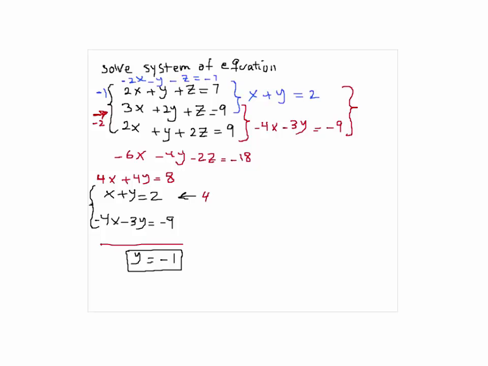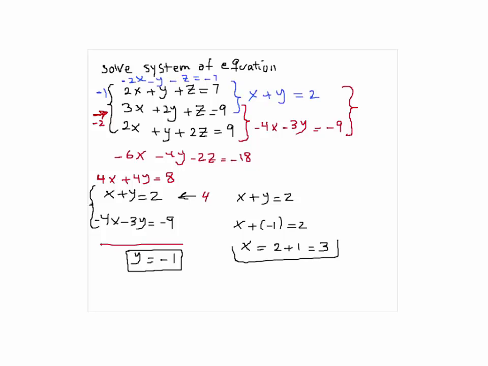That's another approach. So in this case, when we find y, we can plug it back into any of these equations and solve for x. If I substitute negative 1 here, x would be equal to 2 plus 1, which is equal to 3. So we find x.